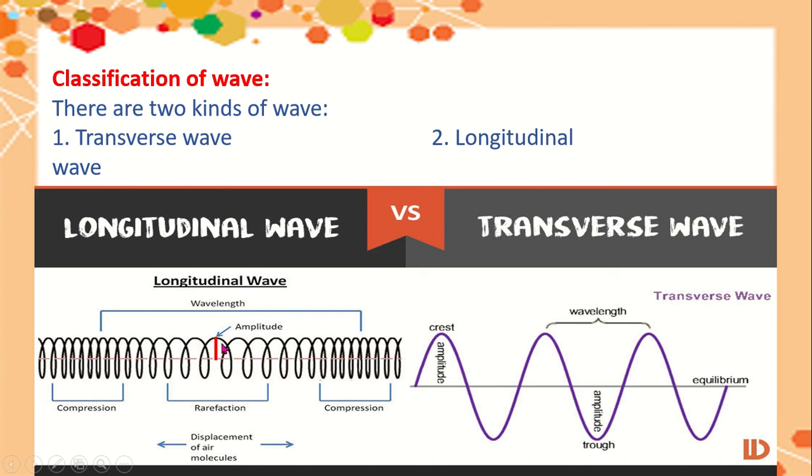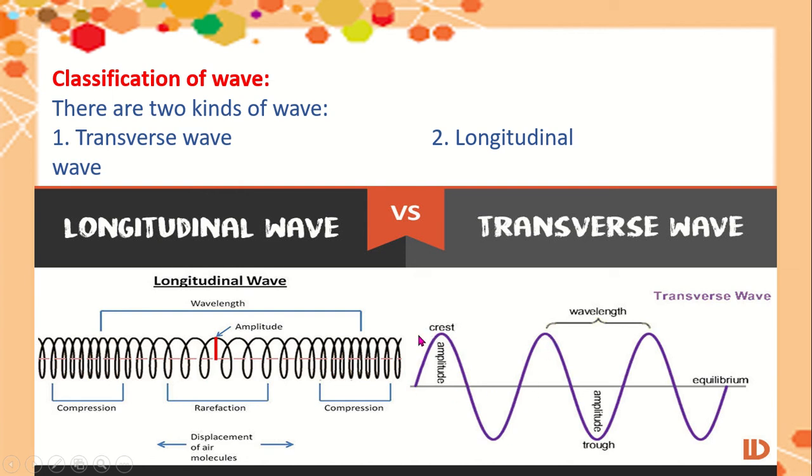and the highest distance it will travel is known as the amplitude, and this is transverse wave. So look here, in the positive half cycle and in the negative half cycle.